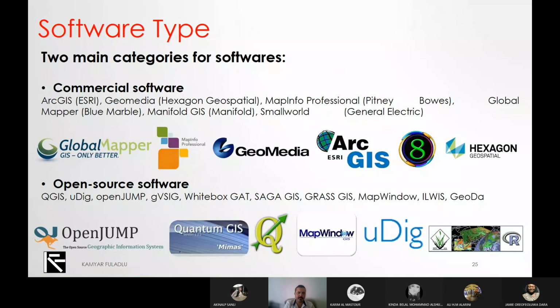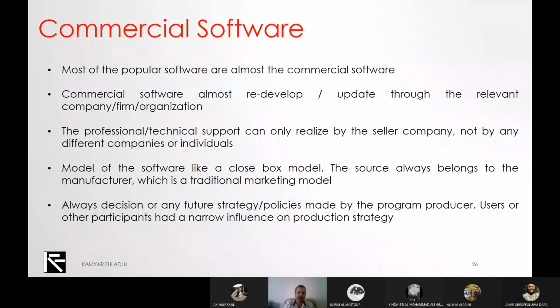Very briefly, we could say that in terms of advantage and disadvantage, most of the popular software is commercial. Even if you imagine AutoCAD from Autodesk, AutoCAD is a commercial one. But if you use only CAD, just CAD, this is open source.